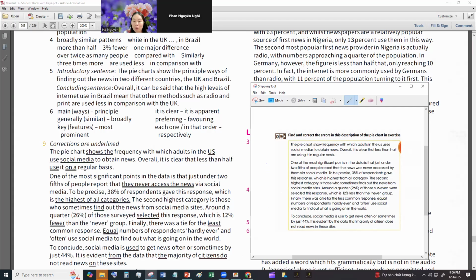Okay, so just have a look at the corrections. Oh, that's time's up. Please have a look at the corrections which are underlined and compare them with your own work and tell me how many you got out of these 18 corrections.